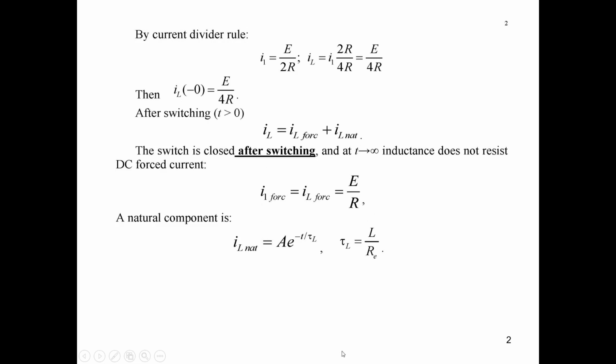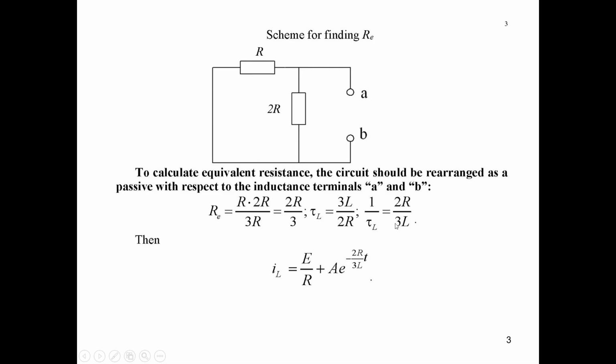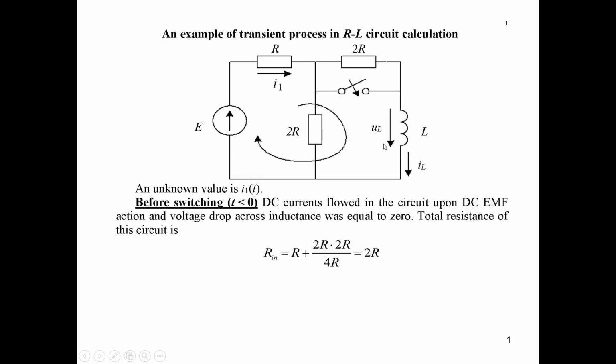Then the natural component should be written as IL natural, the same form: integration constant A multiplied by exponent to the power minus t over tau L, and tau L equals L over R equivalent, the same way as before. And R equivalent, we should determine relative to the clamps to which the inductance is connected for the schematic after commutation.